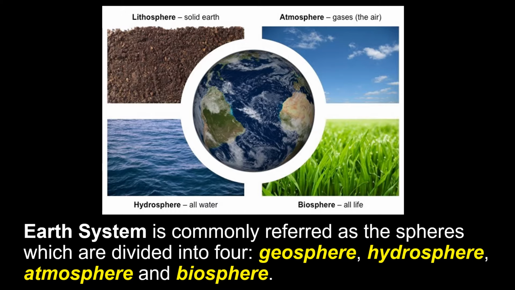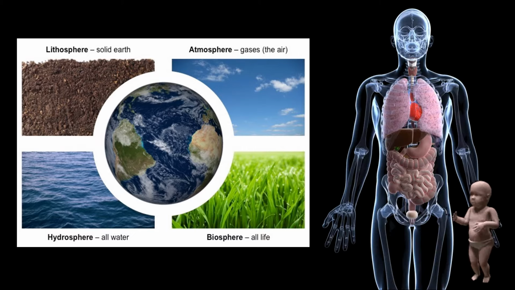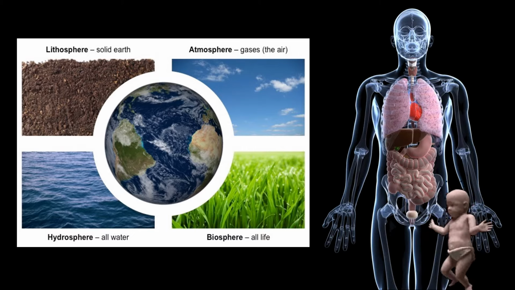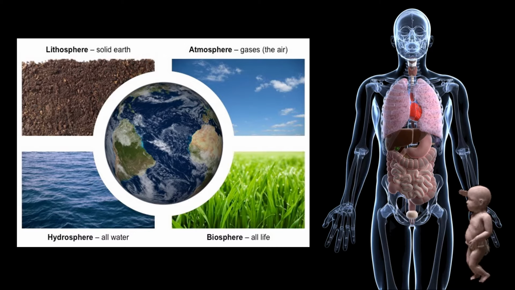In this lesson, you will learn about the features of each of the subsystems and explain that Earth consists of these four subsystems, across whose boundaries matter and energy flow. These four spheres regulate the different functions of Earth, which makes it habitable, similar to how a human body system works.